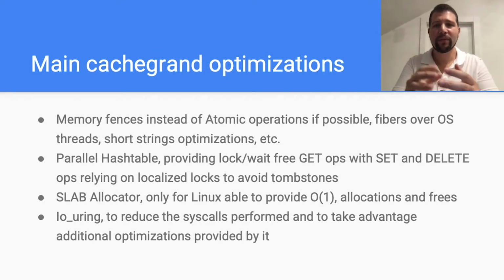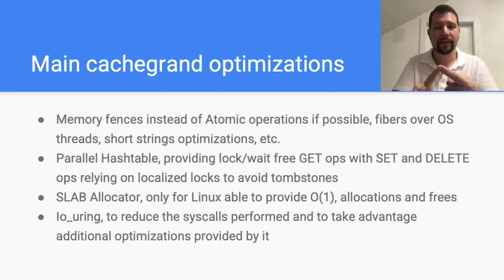Cachegrand uses a number of different optimizations: memory fences over atomic operations if possible, fibers over threads, and short string optimizations. As well, it takes advantage of a parallel hash table built from the ground up to provide lock-free and wait-free get operations, with the set and delete operations relying on localized locks to avoid tombstones.